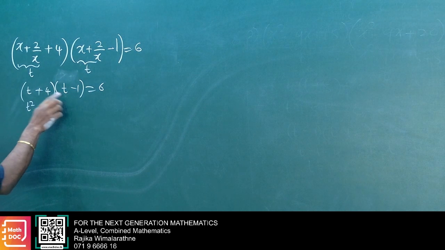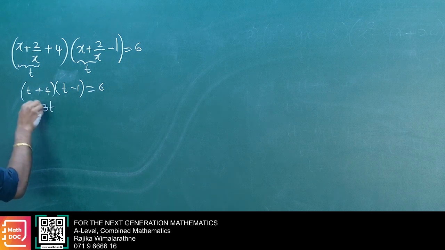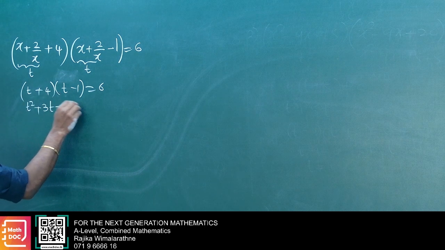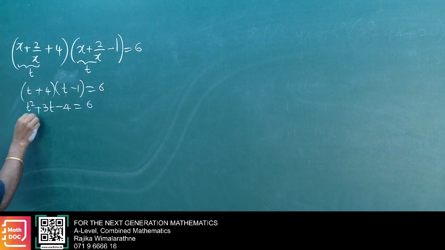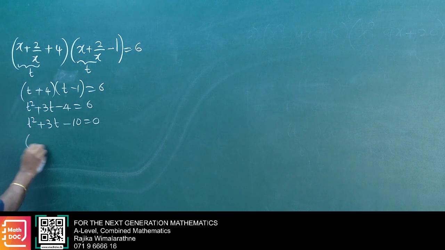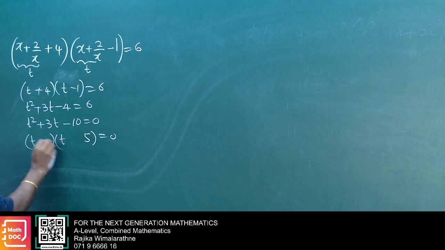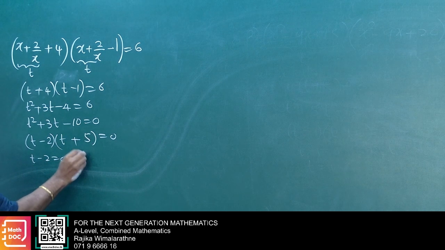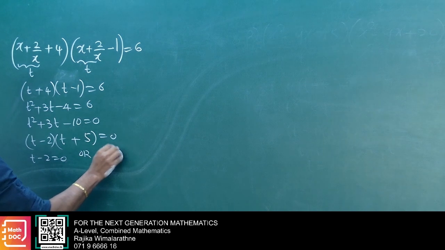Then t square plus 3t minus 4 equals 6. t square plus 3t minus 10 equals 0. Factorize: (t minus 2)(t plus 5) equals 0.